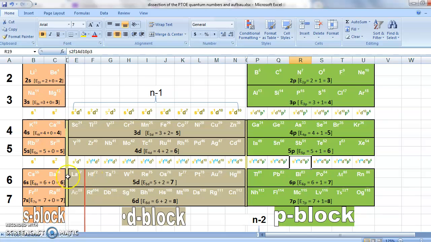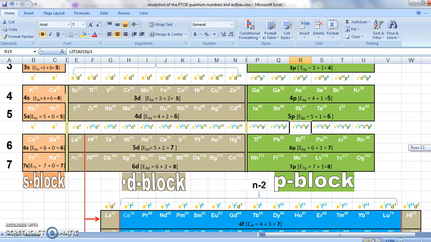So after that, we've got the 6S2, but it says 4F14 next. But which F? Well, if you just backtrack from bismuth, 83, 82, 81, 80, 79, 78, 77, 76, 75, 74, 73, 72, I'm looking at the atomic numbers, and then there's a red stop sign. That stop sign takes me right down here. Before 72 is 71, 70, 69, 68, 67.